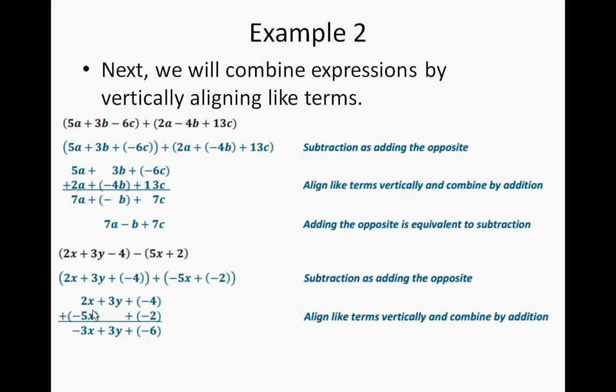So we have 2x minus 5x, or 2x plus a negative 5x, and negative 4 plus negative 2. And so therefore we get negative 3x plus 3y, since we didn't add or subtract anything from it, plus negative 6. And last, turning addition back into subtraction, negative 3x plus 3y minus 6.